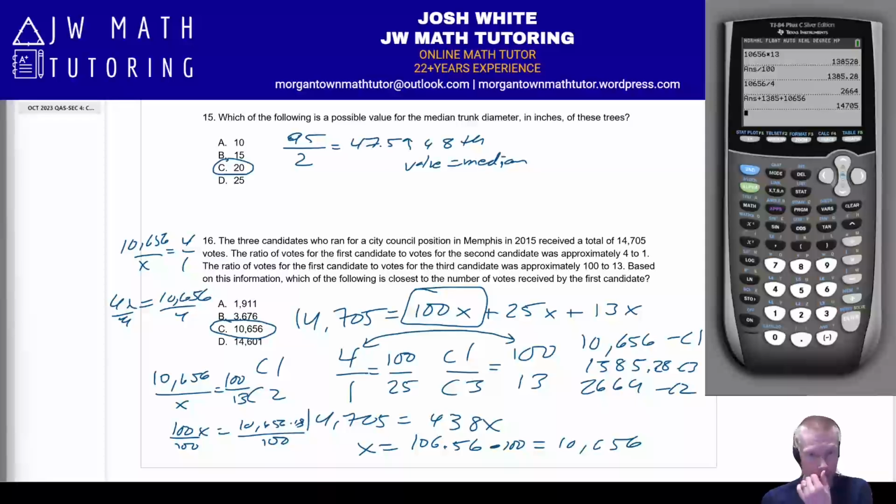So again, that's how you could back solve it: pick an answer choice for candidate 1's votes, find what candidates 2 and 3 would have to be based on the ratios given in the problem, and then add them up and see if they equal 14,705. It doesn't appear to be faster than the way that I solved it, but if you're having trouble setting up the equation, this is just an alternate way that you could solve the problem.